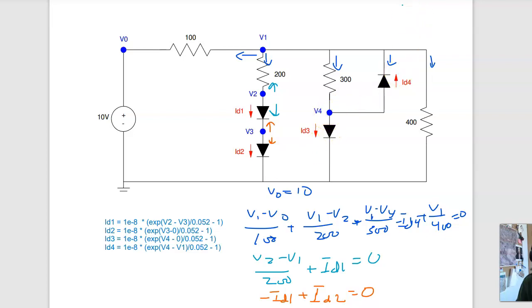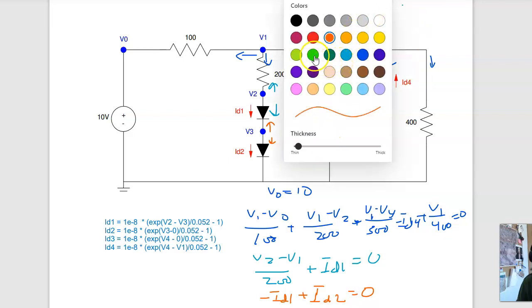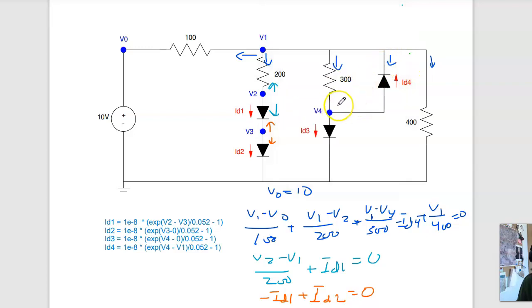Node 3. Running out of colors here. Green. Node 4. Current up, down, and right equals 0. Current up here is V4 minus V1 over 300, plus current down is ID3.